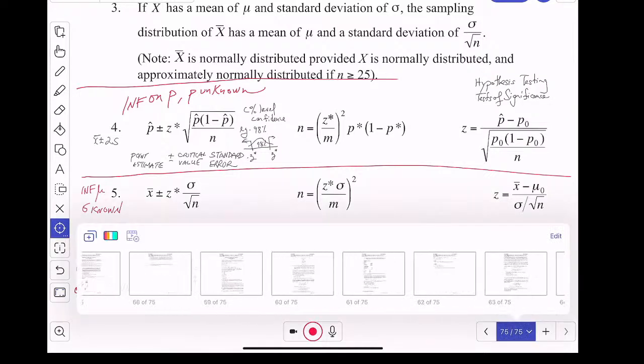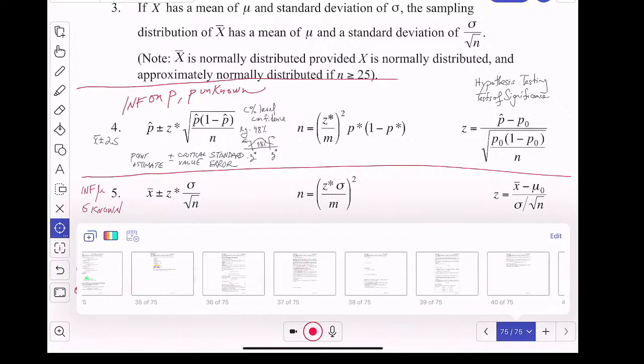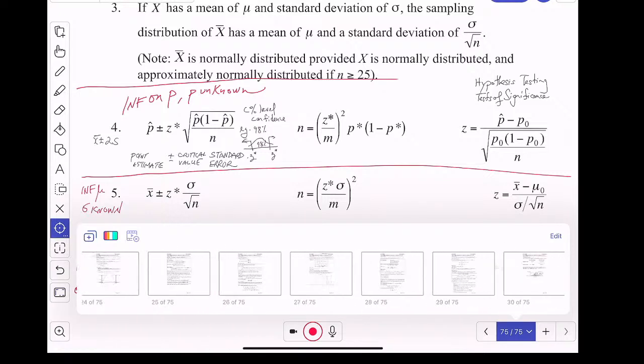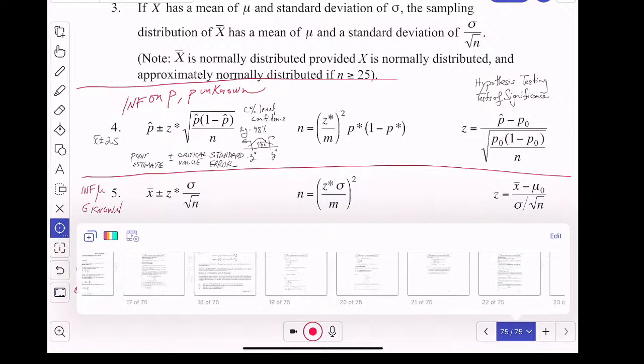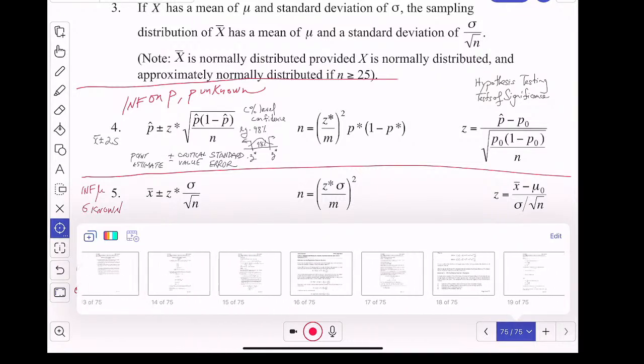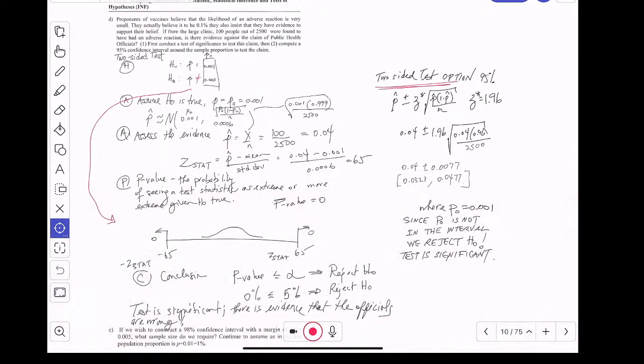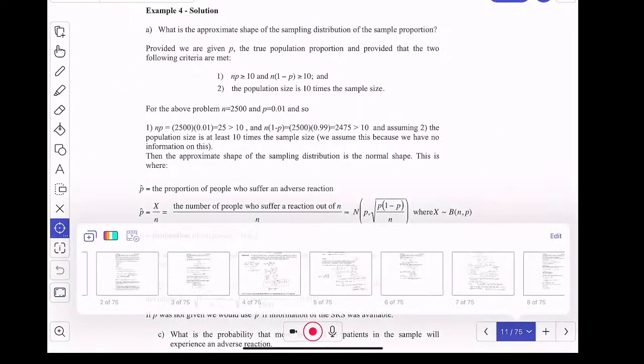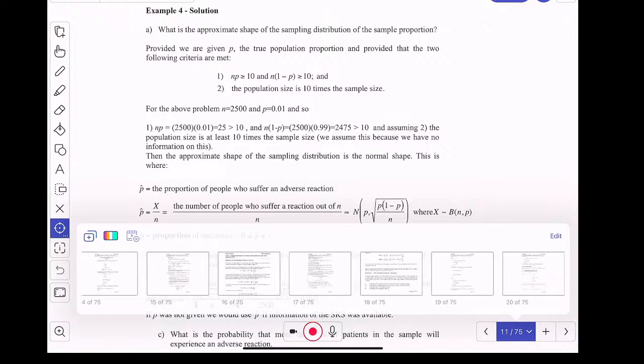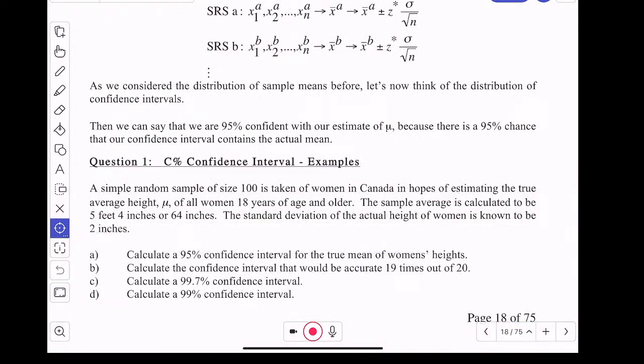So for example, we're going to look at page 18, heights of women in Canada, estimating the true or average height of all women 18 and over.